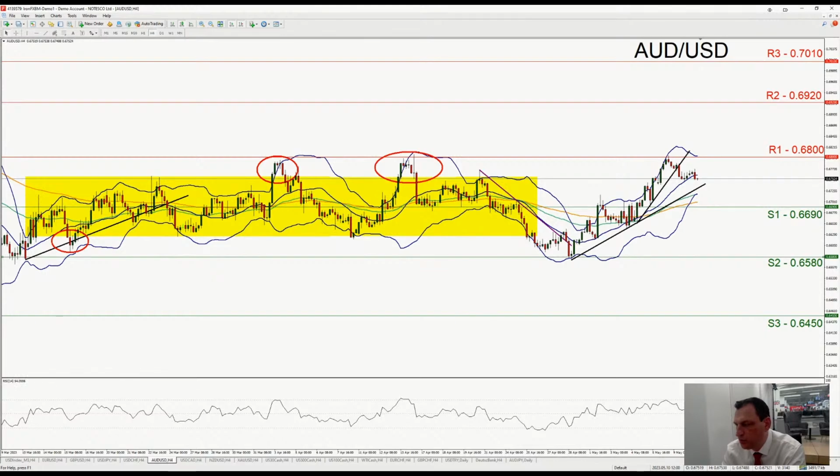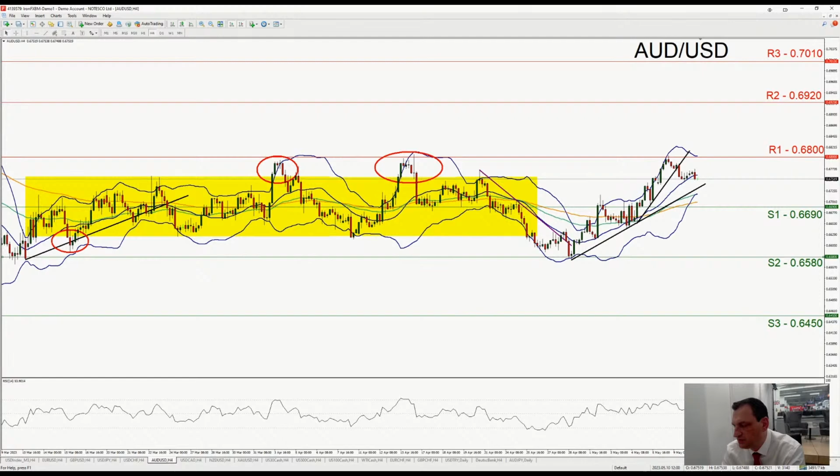Now, the answer to the question, in my opinion, it seems to be stabilizing. It will have to depend lots and lots on how the US CPI rates come out, in my opinion. Should the rates accelerate further, we may see the pair AUD/USD diving definitely below the S1 0.6690.